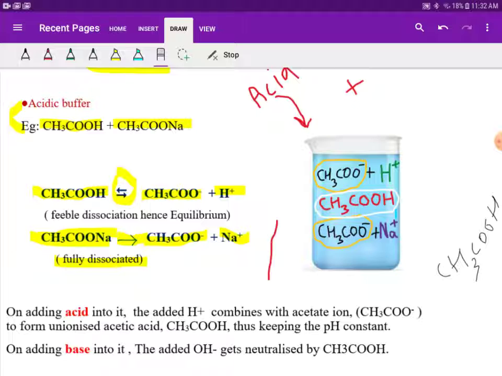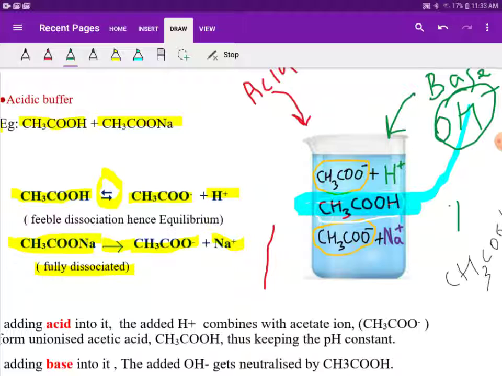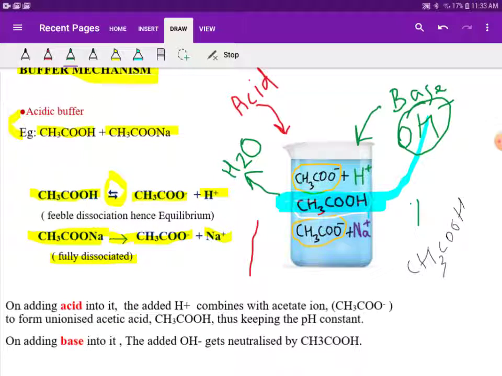But on adding a base into it, that means hydroxyl ion, the added OH minus ion gets neutralized by acetic acid directly to form undissociated water molecule, H2O, and thus keeping the pH constant.